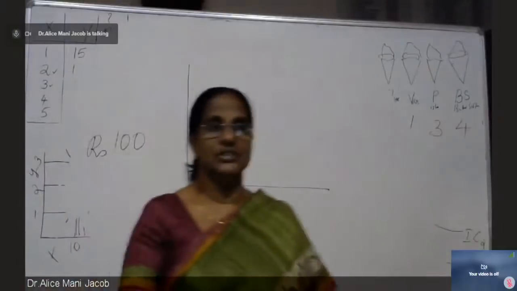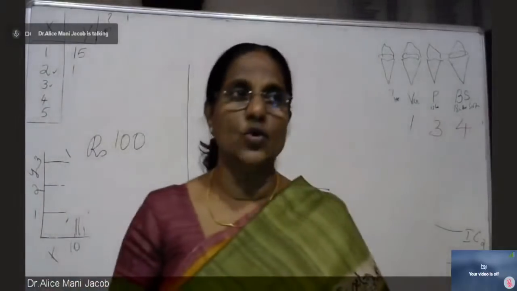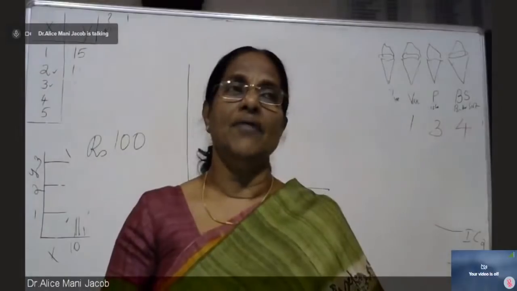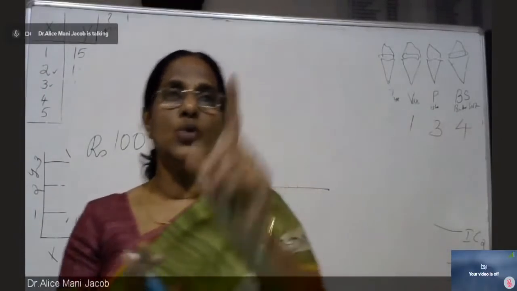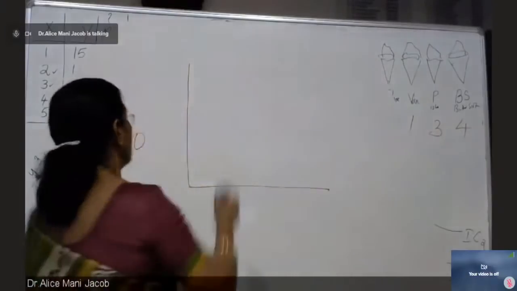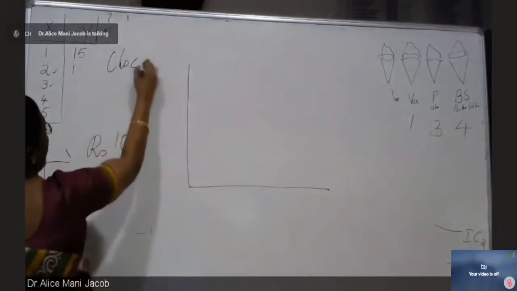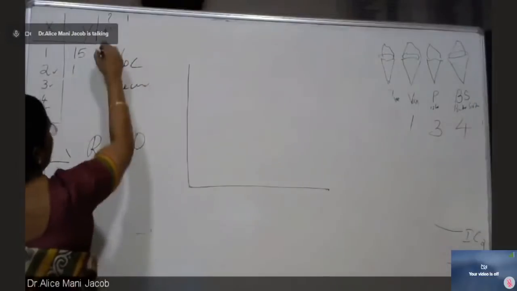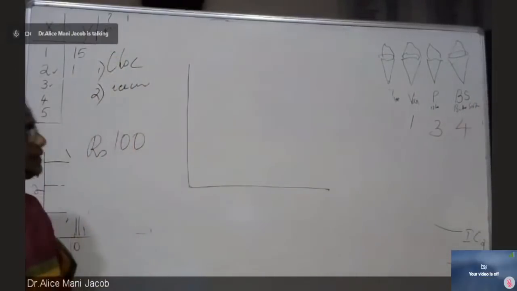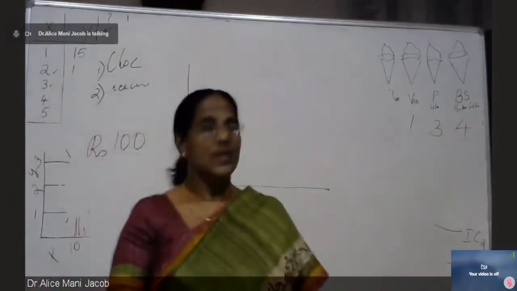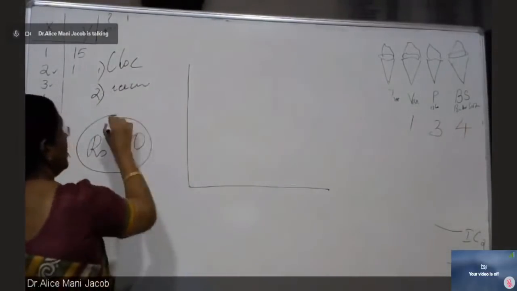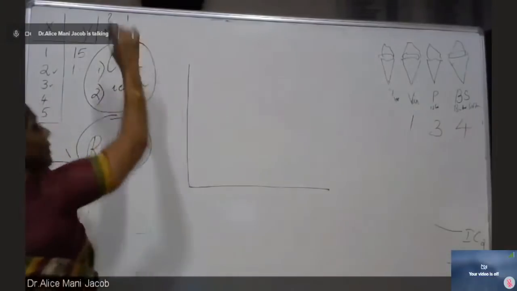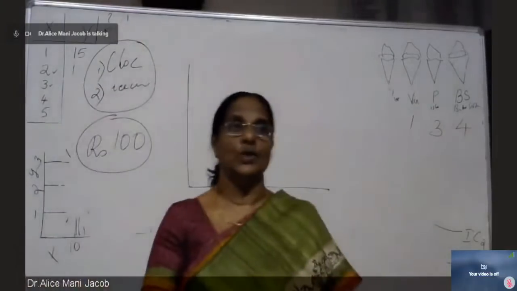The first assumption is that the consumer has an indifference map. Suppose you consume only two commodities, one is chocolate and the other is ice cream. So you have a given amount of money and you have a scale of preference for the two goods that you are consuming.